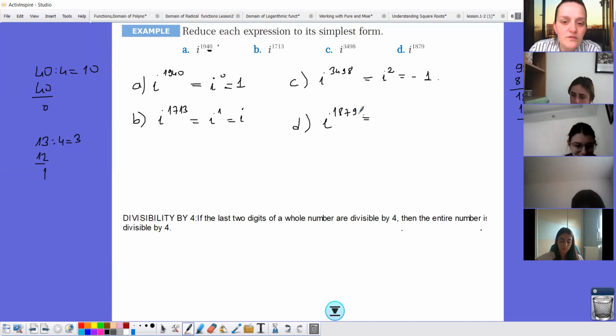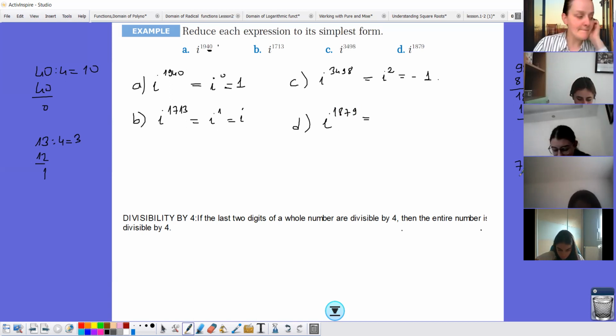We will take the last 2 digits. Yes, it's just a moment because I am doing it. Teacher, the remainder is 3.